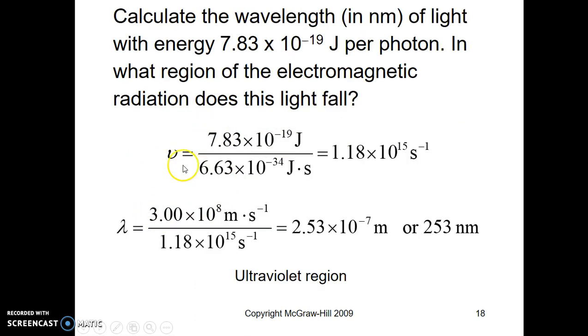So here we are calculating our frequency. We take that energy divided by Planck's constant, and we get our frequency. Here we're using our first equation, speed of light divided by our frequency, giving us our wavelength of 253 nanometers.